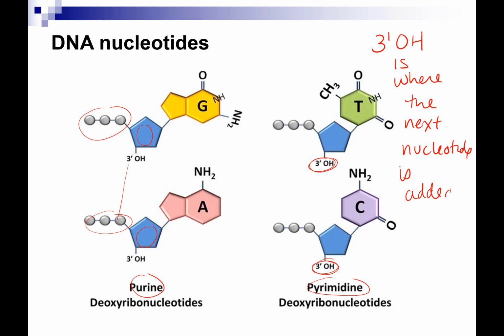So where we make our phosphodiester bond. You might also notice that these nucleotides have 3 phosphates. So in fact, ATP, our energy molecule, is an RNA nucleotide. So when we talk about how we put DNA together, these molecules already have their own energy.